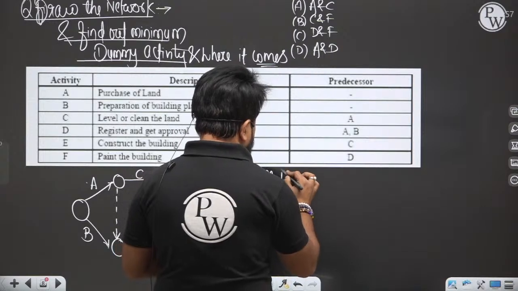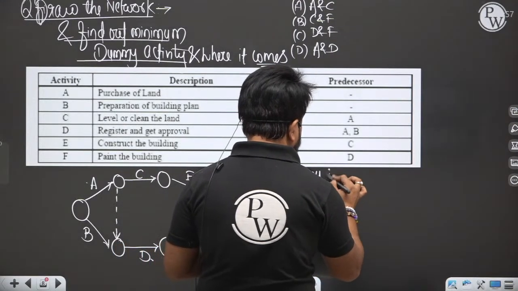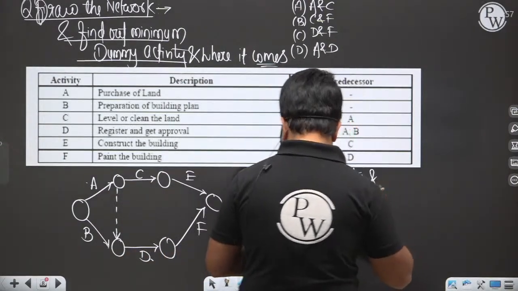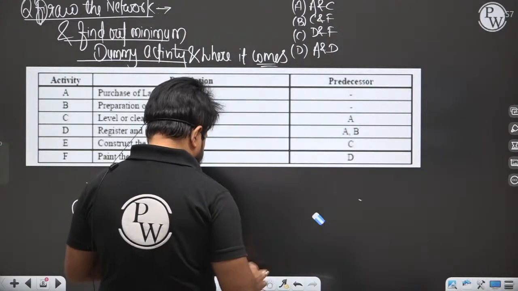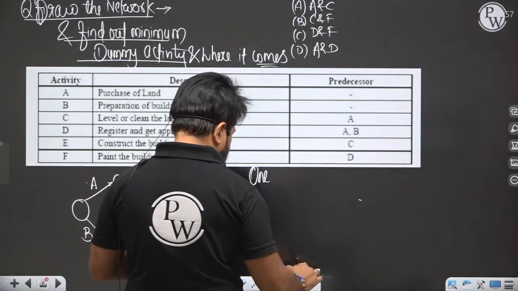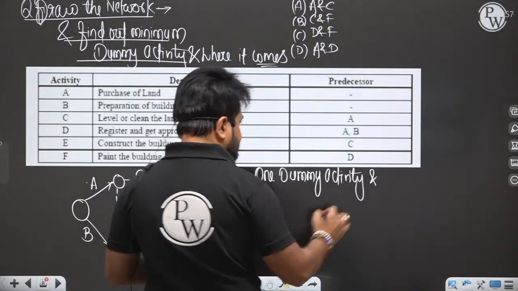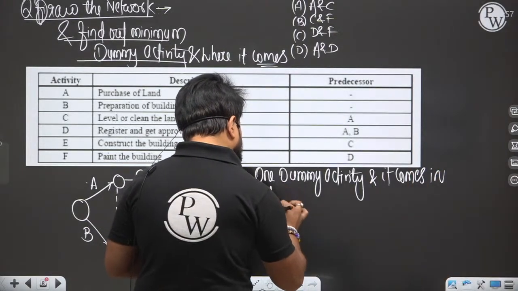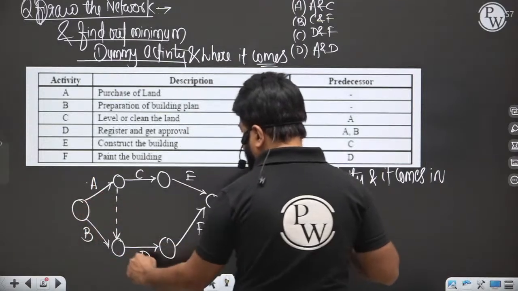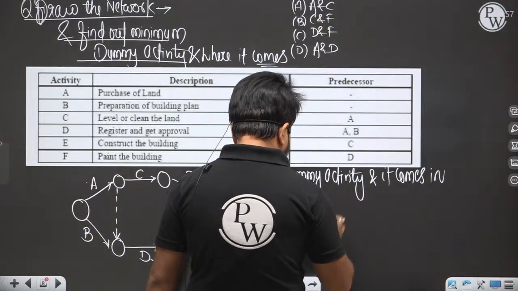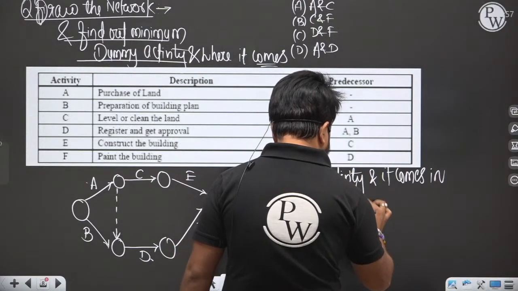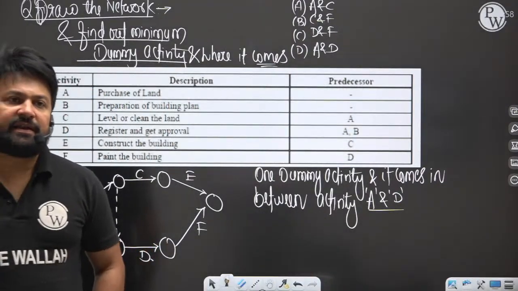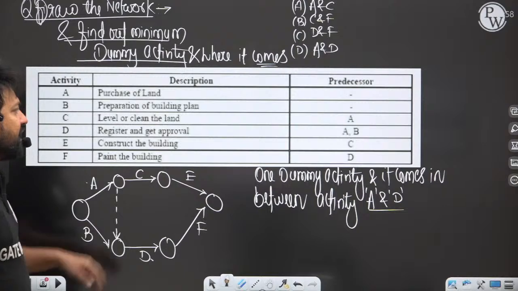Okay, one dummy activity, the minimum number of dummy activity is one, and it comes in between activity A and D. Yes, tell me Harshit, tell me everyone, is this point clear?